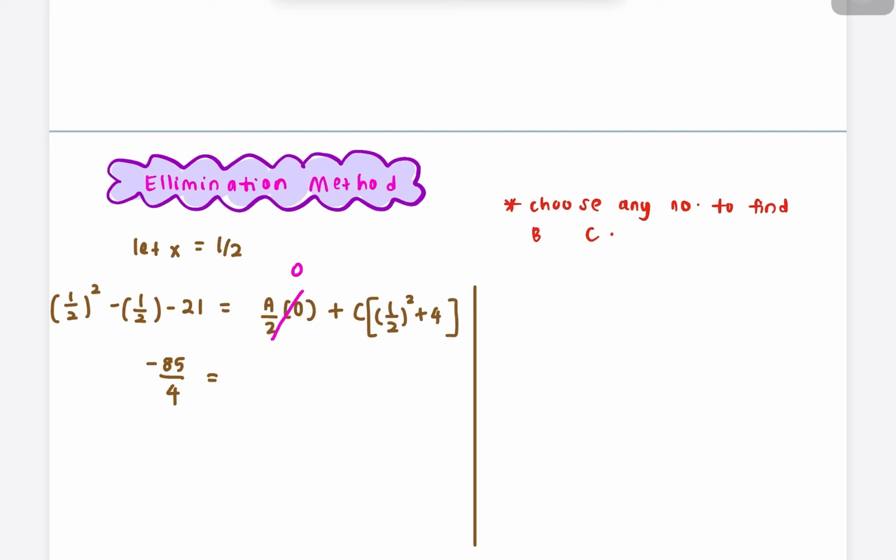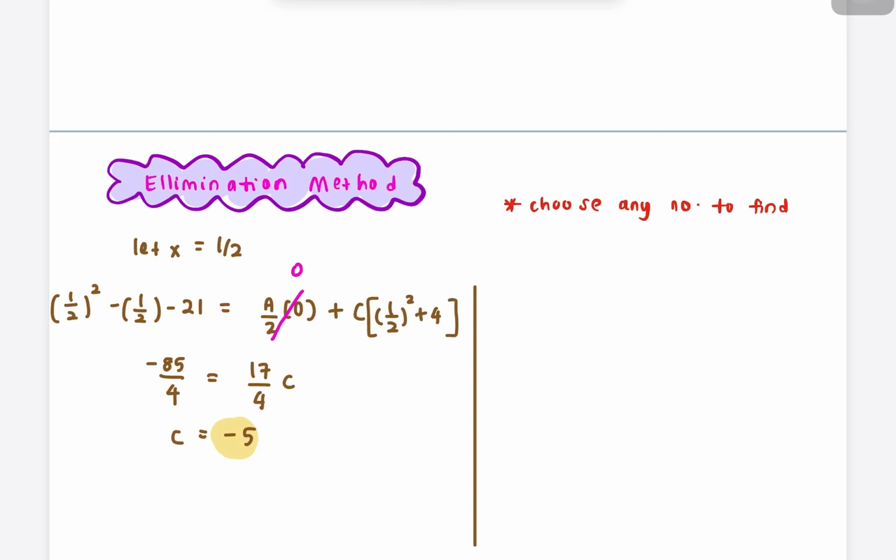Okay, so you need to find two more unknowns, which are a and also b. Okay, you need to choose any number to find the unknowns a and b. Okay, so what is the number? Because you cannot use the roots, because you have only one real root. This is complex roots. So just let x be any number.